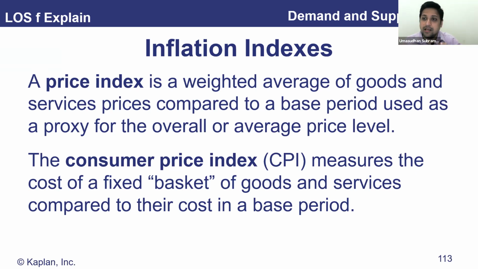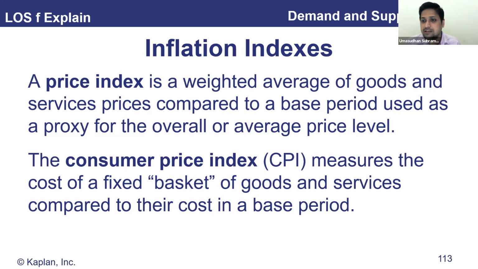Each of them is weighted according to how much money people spend on these various types of expenditure, based on national expenditure surveys. Based on that, you arrive at a weightage for each expense category, and then you see the increase or decrease in the prices of the items in your index compared to a base period.